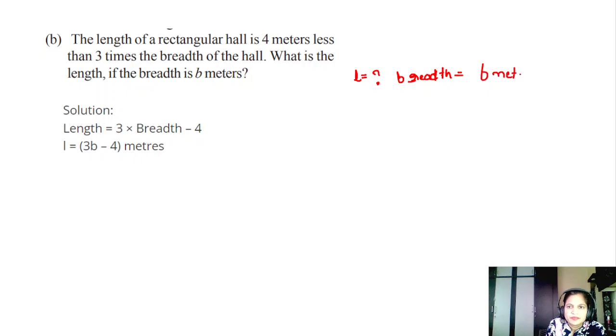Length of the rectangular hall is 4 meters less than, so minus 4, 3 times the breadth. Instead of breadth we put B here. 3B minus 4 meters is the length of that hall.